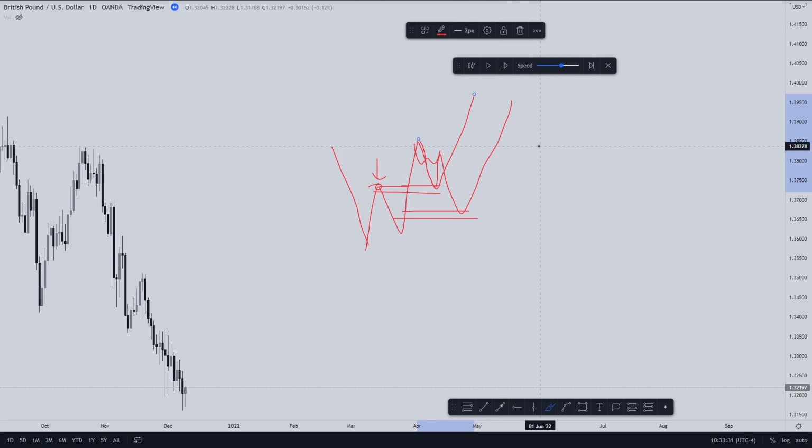Another thing I look at: let's say the market comes and creates something like this. I'm expecting this one as my strong demand for the market to do something like this and go to the upside. But the market just creates something like this. In terms of supply, I know I have a drop, then the market creates a base and another drop.